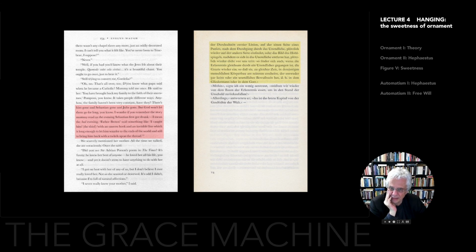He catches that thief with an unseen hook and an invisible line which is long enough to let him wander to the ends of the world and still bring him back with a twitch upon the thread. This is a central sentence of the book, the unseen hook. That's the classic image of Catholicism and grace.